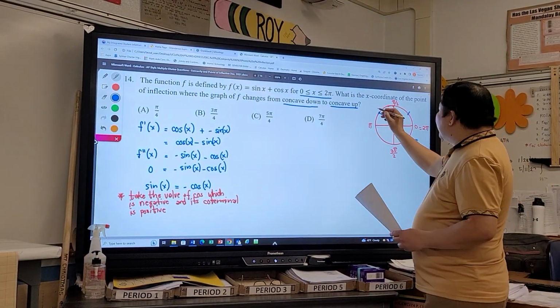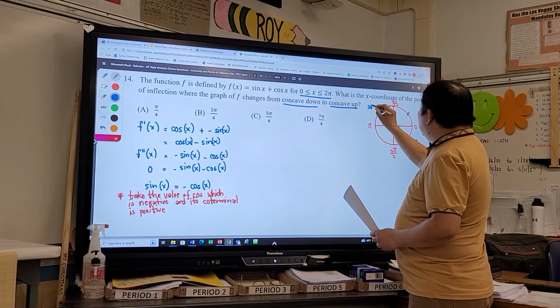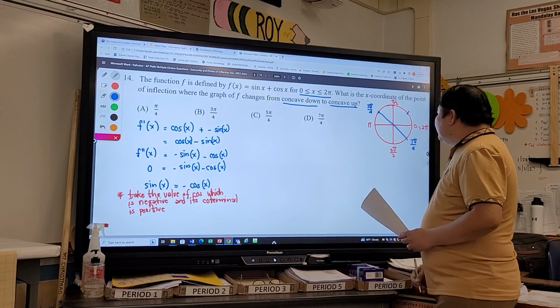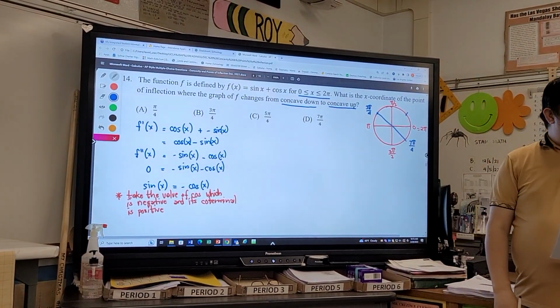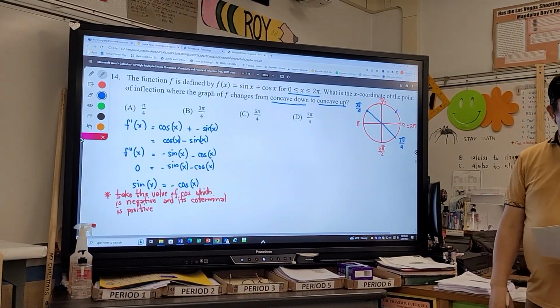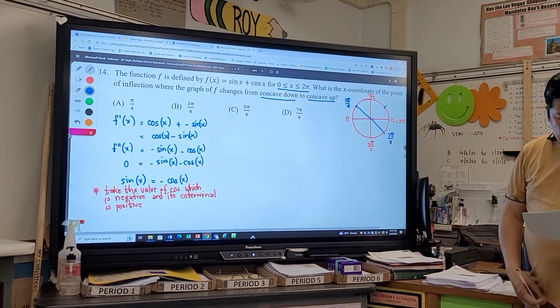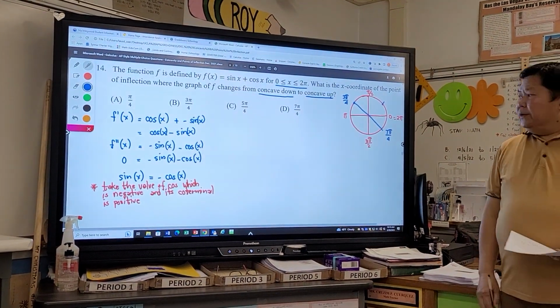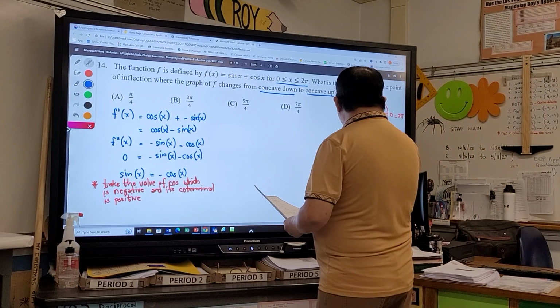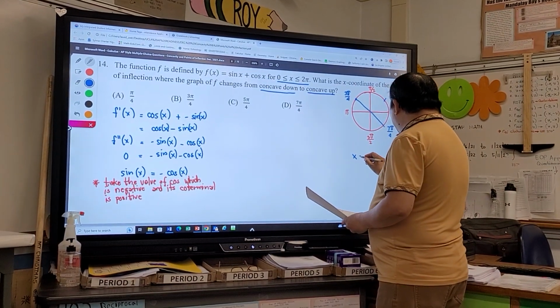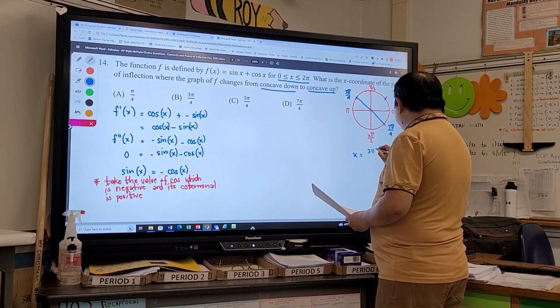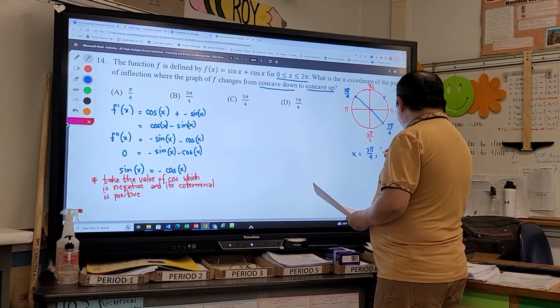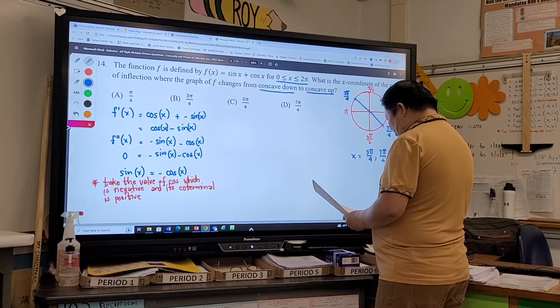And this one is 3 pi over 4. Clear, guys? These are my candidates. So we have the value of x as 3 pi over 4 and also 7 pi over 4.